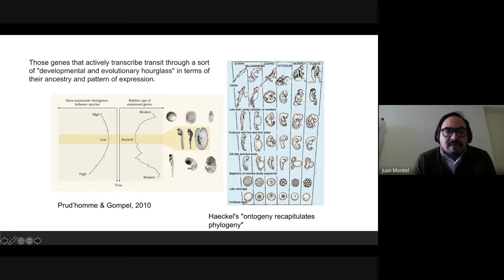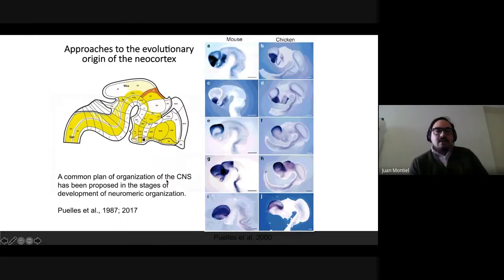But at the pharyngeal stages, in the middle of the embryonic development, we can see that this divergence is very low, and most of these genes are very preserved across the species, are more ancient than other genes. And then this diversification happens again in the more adult stages or later stages.